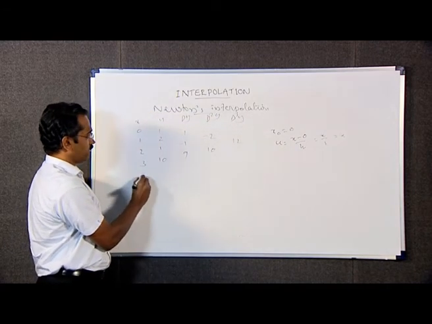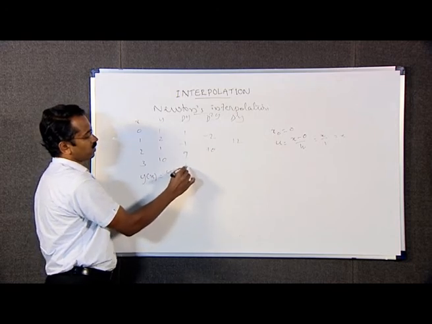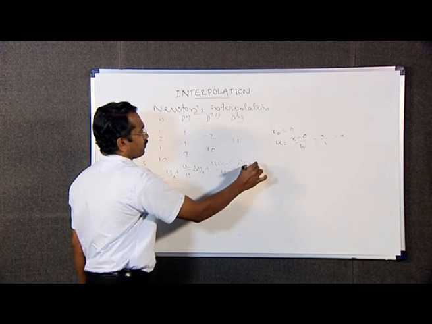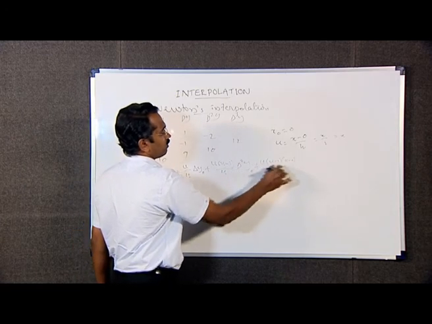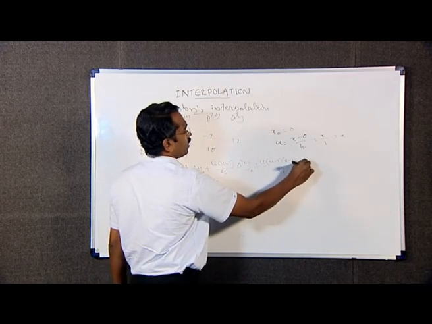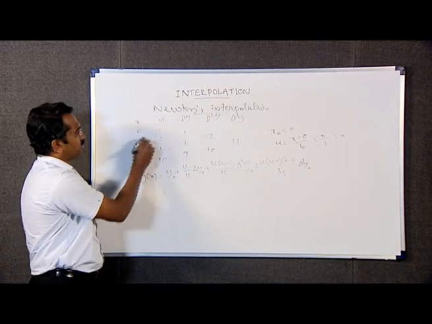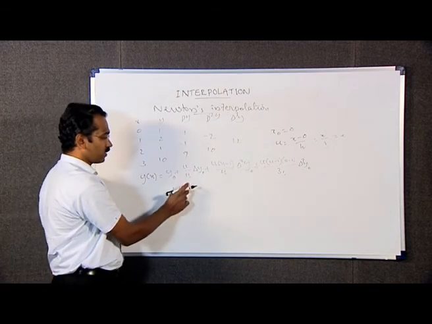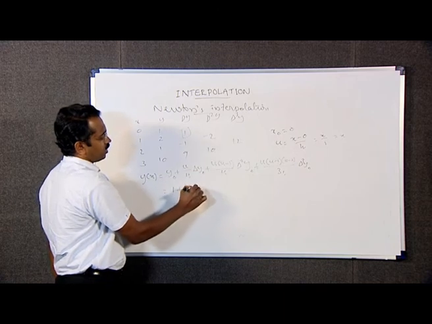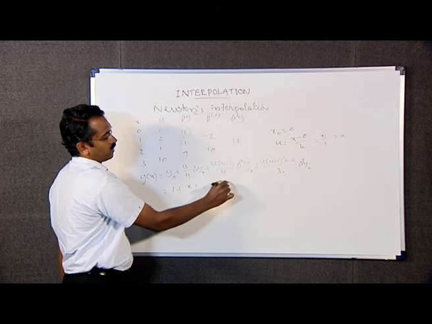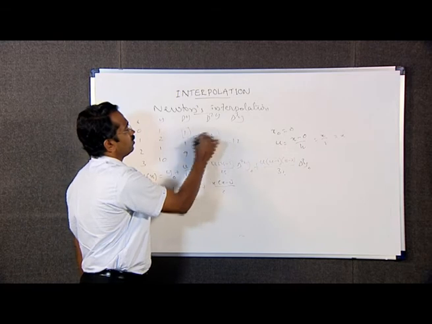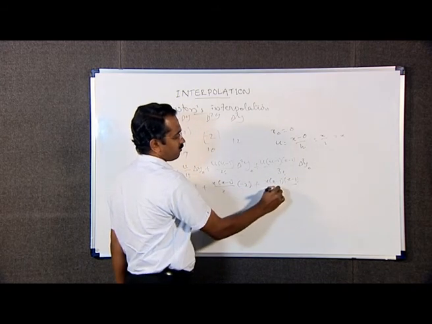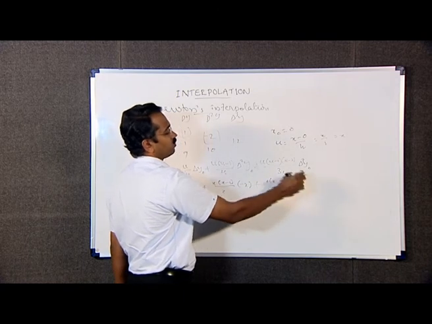Therefore, by Newton's forward interpolation formula, we have y of x equal to y naught plus u by 1 factorial into delta y naught plus u into u minus 1 divided by 2 factorial into delta square y naught plus u into u minus 1 into u minus 2 divided by 3 factorial into delta cube y naught, which is equal to, here y naught, the first value of y, is 1, plus u is x, x by 1 factorial is x itself, into delta y naught, this 1, plus x into x minus 1 divided by 2 factorial is 2, delta square y naught is minus 2, plus x into x minus 1 into x minus 2 divided by 3 factorial is 6 into delta cube y naught is 12.